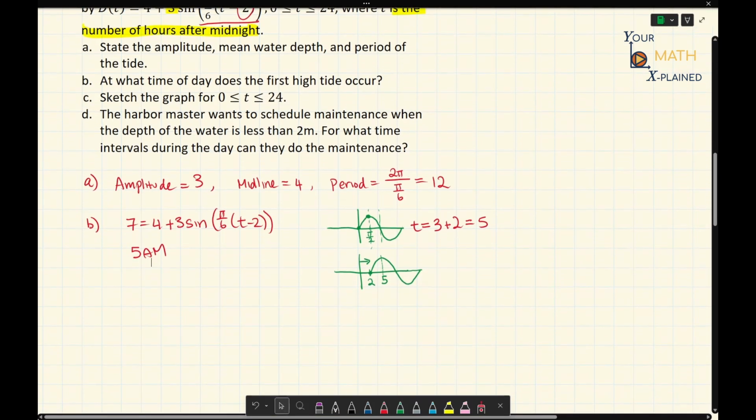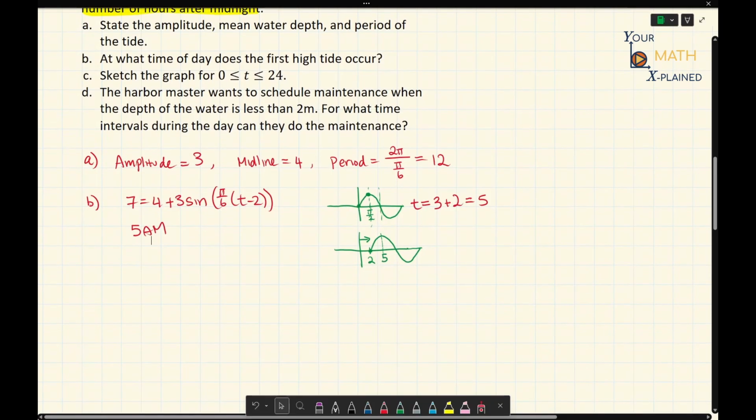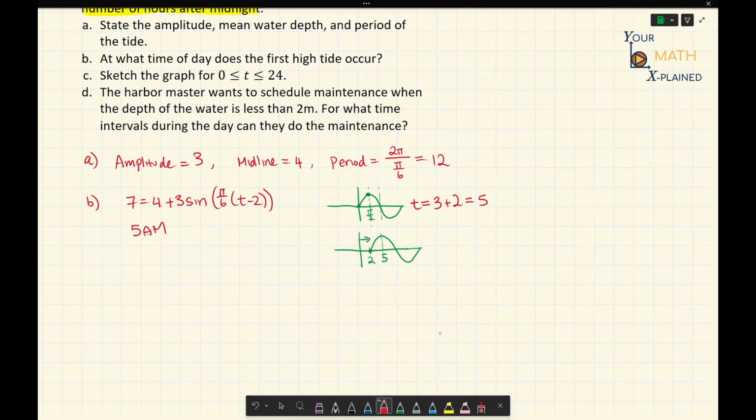Now part C, we're asked to sketch the graph for t between 0 and 24. So let's go ahead and draw our axes. So we have our vertical, which is the depth, and then we have our horizontal, and that is going to be our time t.